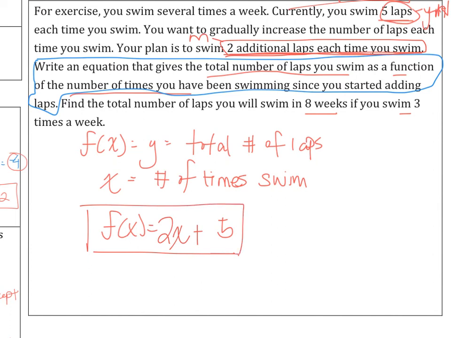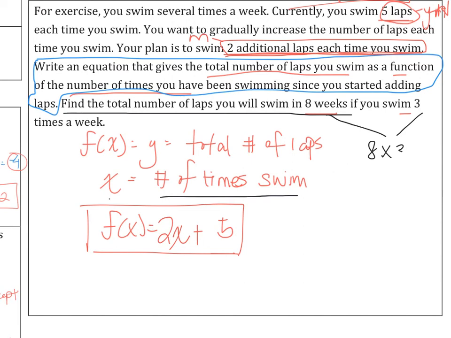So now that I've taken care of the first part of the question, I can look at the second part of the question. Find the total number of laps you will swim in 8 weeks if you swim 3 times a week. Remember, x stands for number of times you swim. So you need to take 8 and 3 and multiply these 2 pieces of information to get the total number of times you swim during these 8 weeks.